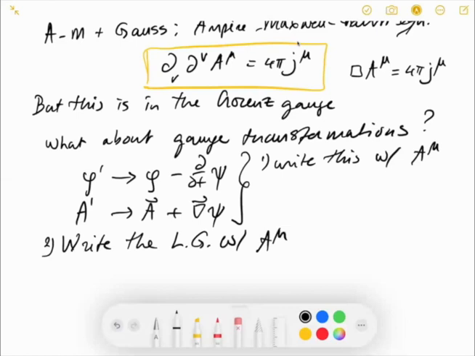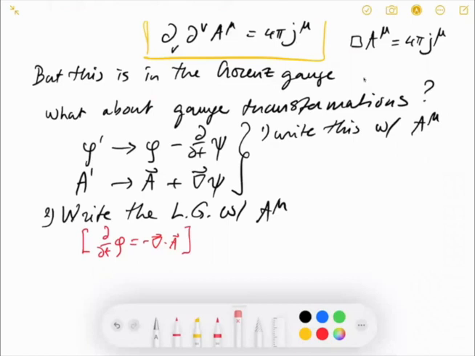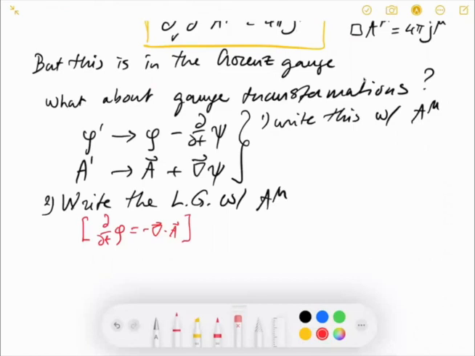Okay. Let's see. Let's do this one first. So this one's a little tricky because of the signs here, right? So if we want to take, let's say, some A prime mu and map that onto A mu plus or minus something, right? So plus minus some del of psi, that would be the ideal kind of situation.